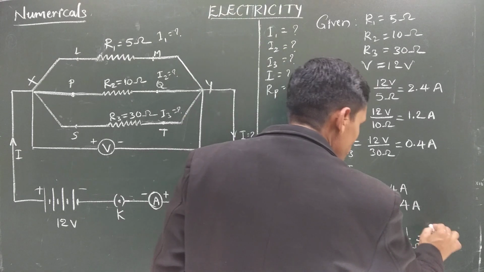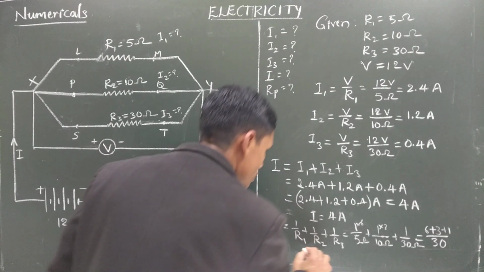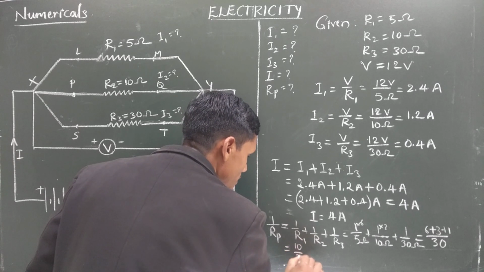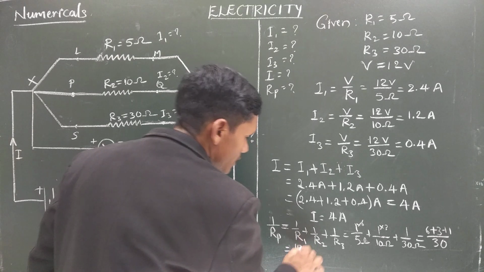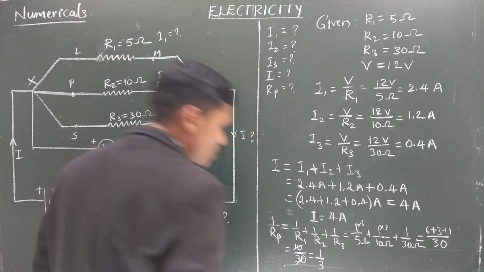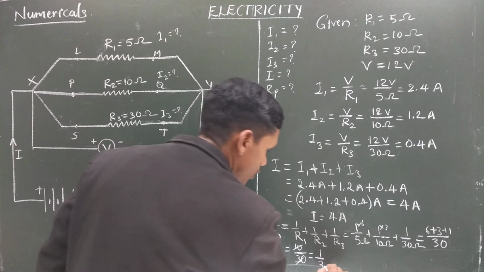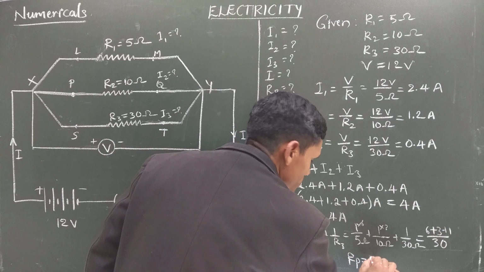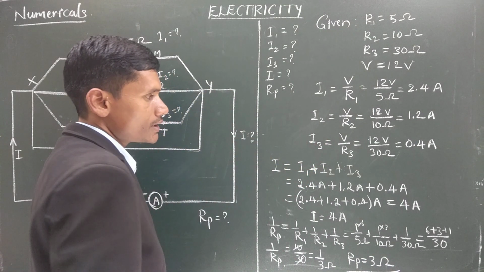So this becomes 6 plus 3 plus 1, that is 10 by 30, which is 1 by 3. So 1 by Rp is equal to 1 by 3 ohm, which gives Rp equal to 3 ohm. This is how we can calculate the total resistance in the circuit.